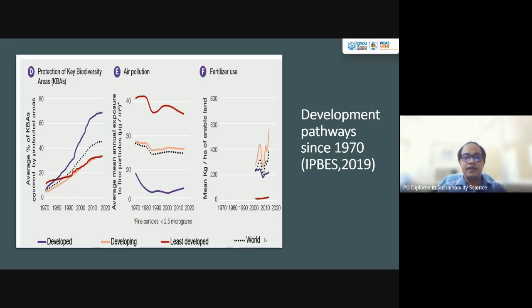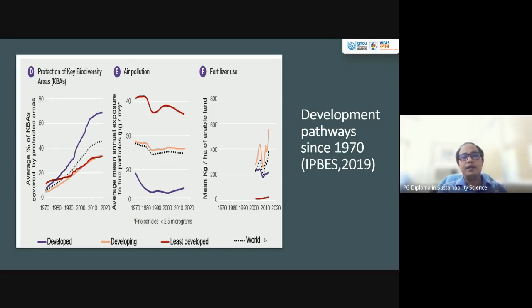In the 1970s, air pollution was very high in developed countries. But they realized the problem, and it was decreasing. If you look at the overall scenario after the 1970s and 1980s, as we know, global common efforts were happening, and we are quite aware of the consequences of development activities done by us.